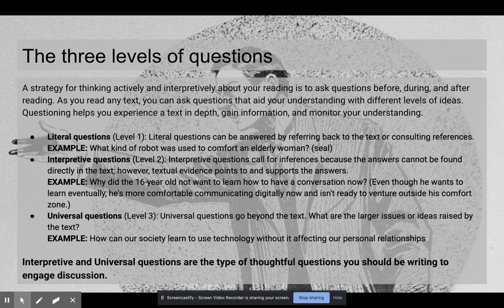However, you can take the textual evidence, think about your own experience, and come up with an inference that answers the question. And then finally, universal questions. Universal questions, of course, go beyond the text. What are the larger issues or ideas raised by the text? These are the questions that go into an idea or a theme that applies to anyone. That's why it's called universal.